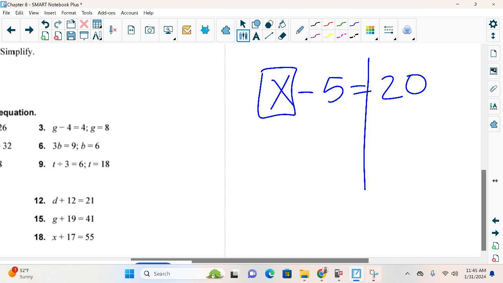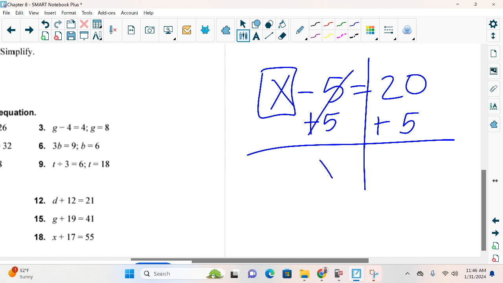We're doing subtraction, so the opposite of subtraction is addition. That's the biggest thing that's going to trip you up, is you're going to forget to do the opposite. But y'all are smart, so you're not going to. That cancels out. X equals 25. And you can check it to make sense. Does 25 minus 5 equal 20?